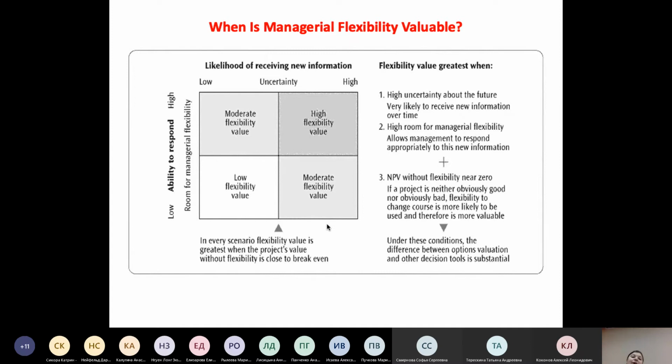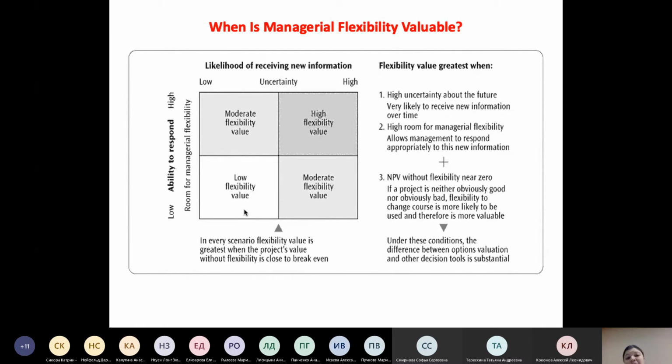You can find the graph, you can find the following table, our ability to respond and our uncertainty. And certainly, you can determine the increasing of ability to respond and increasing of our uncertainty. If we have low opportunity to flexibility and low level of our risk, certainly it will be low flexibility value.